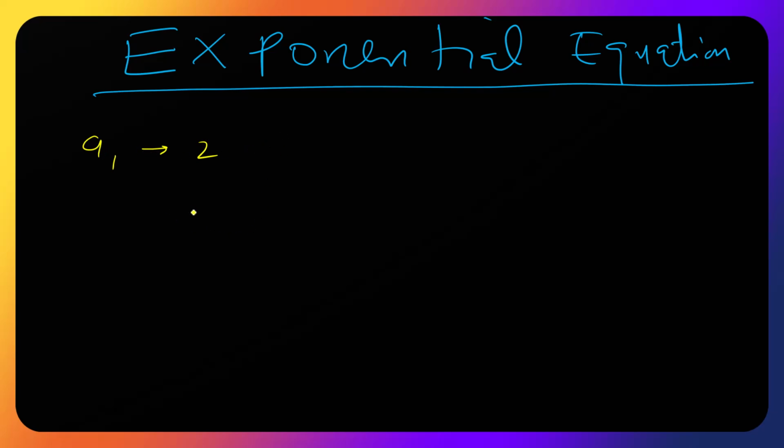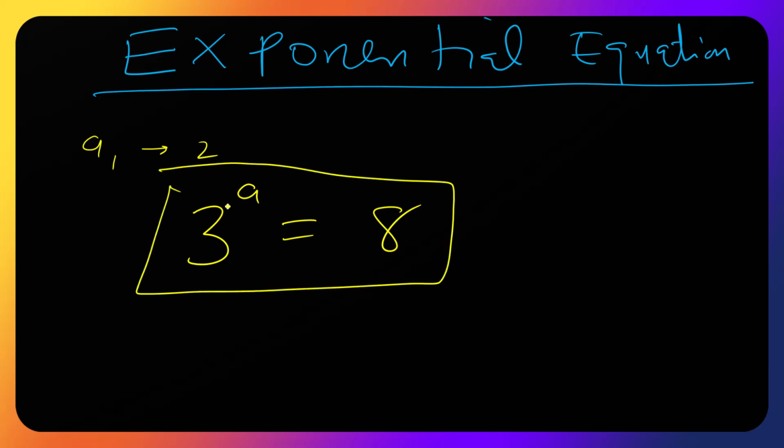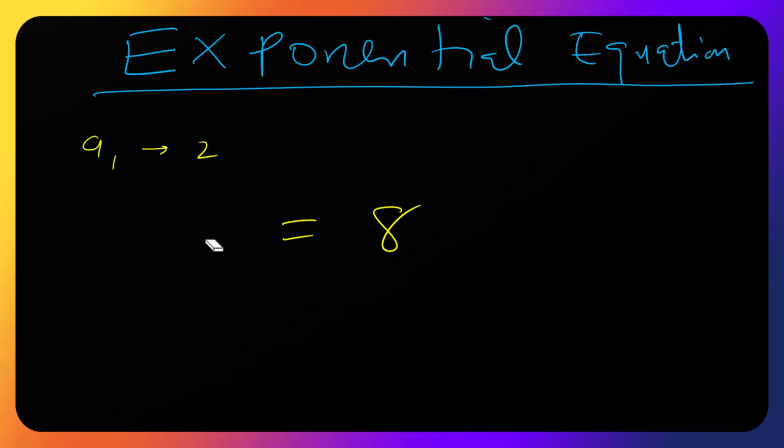So we can say 3 exponent a equals 8. This one is a typical example of an exponential equation. Why? Because we have the power here as a variable. That's what we are going to do.